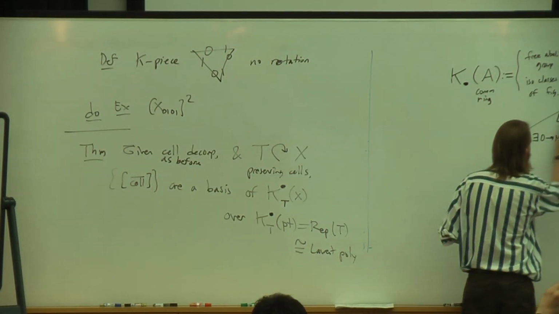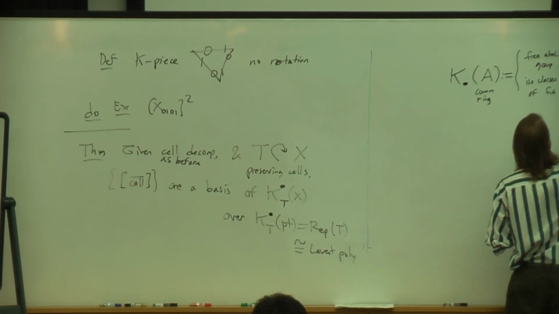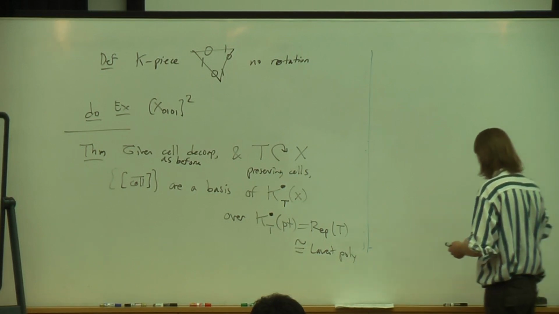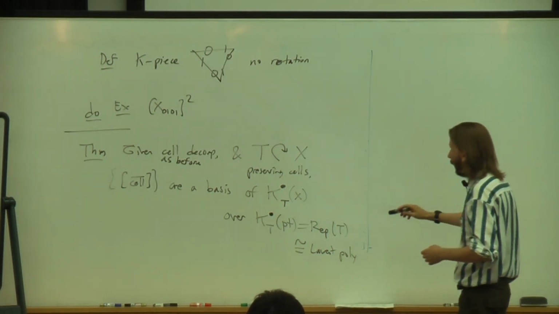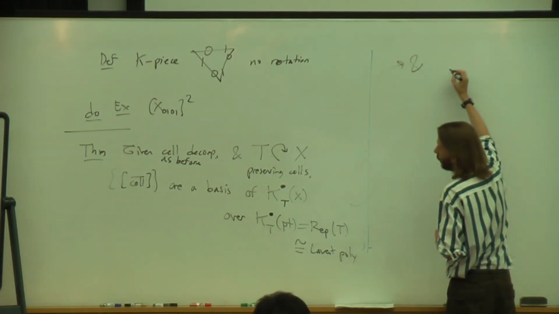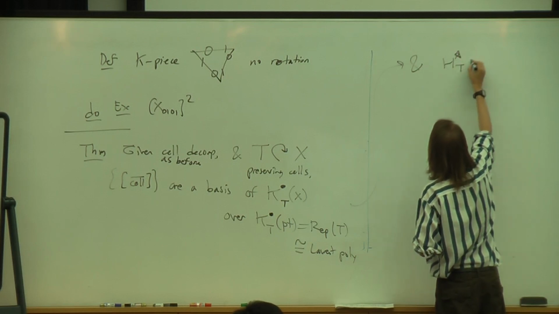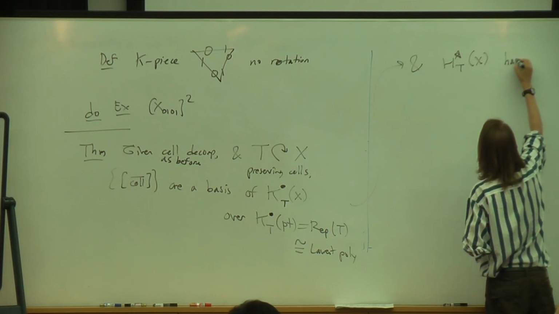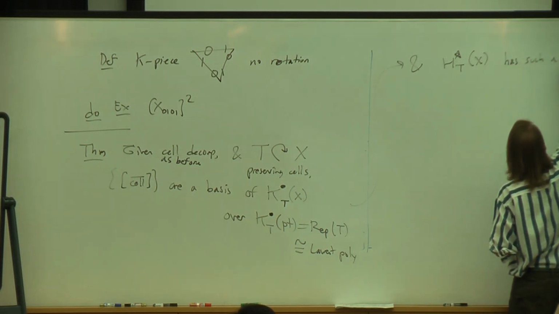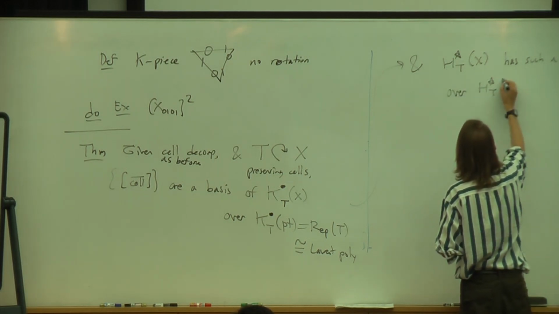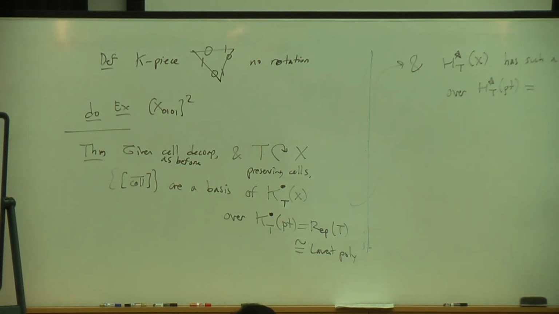So equivariant cohomology, even though it's easy enough to work with, is yucky enough to define that the only thing I'm going to tell you about it in my remaining 0 minutes is this corresponding statement. The equivariant cohomology of X has such a basis over the equivariant cohomology of a point, which is not a Laurent polynomial ring.